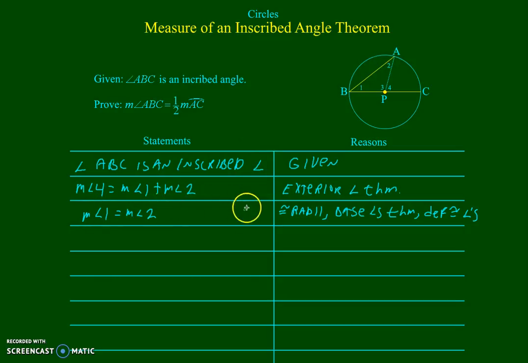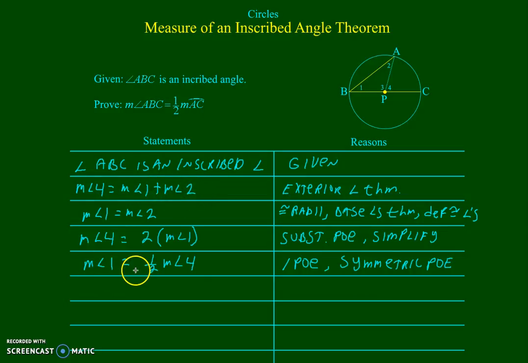We consolidated and said measure of angle 1 equals measure of angle 2 because congruent radii, base angles theorem, and definition of congruent angles. Now we can substitute this in here, and we have the measure of angle 4 equals 2 times the measure of angle 1. So here we have the measure of angle 1 equals 1/2 the measure of angle 4, by the division property of equality, and the symmetric property of equality allowed us to swap sides.